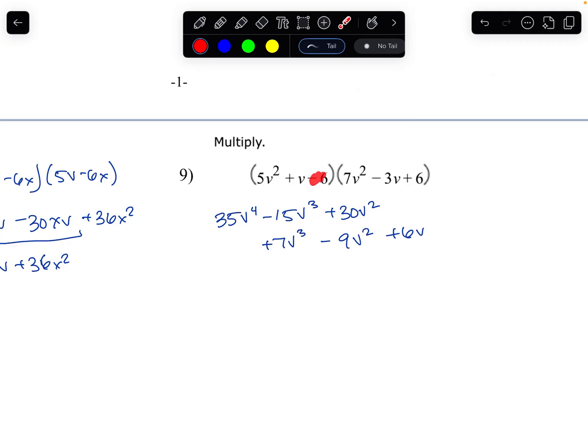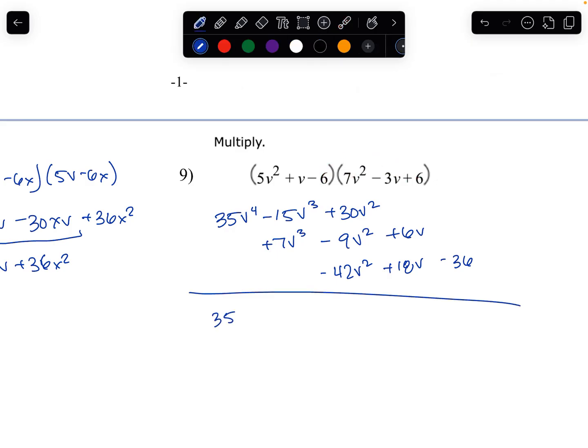Then negative 6 times all 3 of those. Negative 6 times 7 is going to be negative 42. Then we'll have the v squared. Then we'll have plus 18v minus 36. So 18v. Did I get those right? So negative 42, negative 18, positive 36. Add them together, so 35v to the 4th.